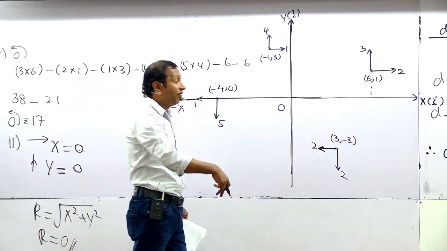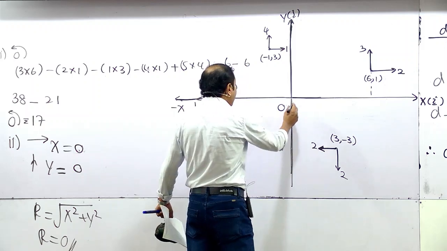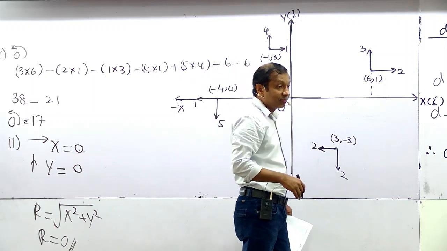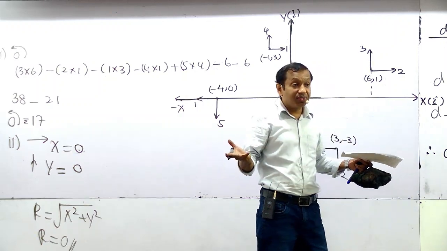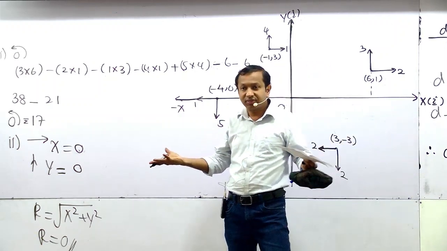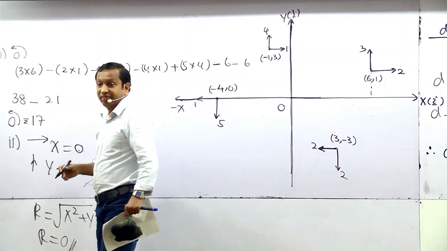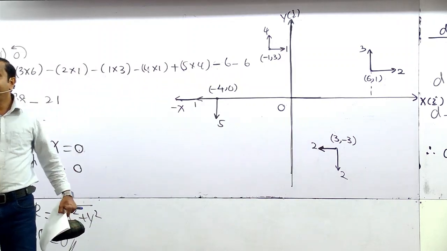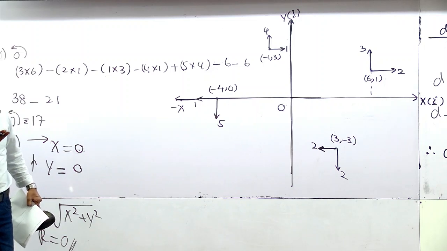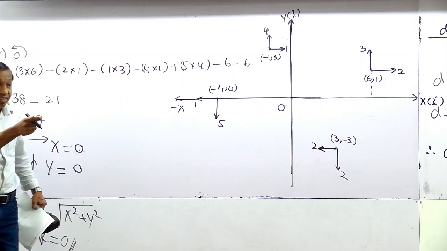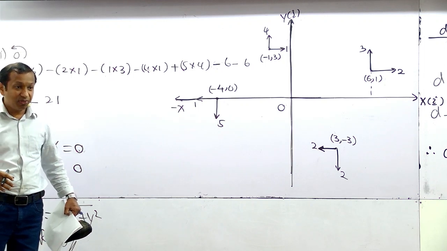No resultant, but we have a moment around O. We have a system of forces with no resultant force, but there's a moment. Then definitely that system of forces should be what? A couple. Understood? Why?